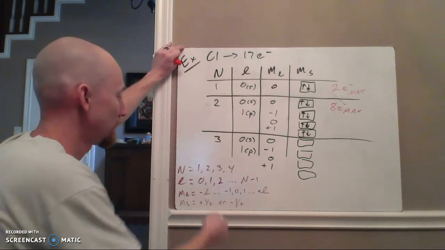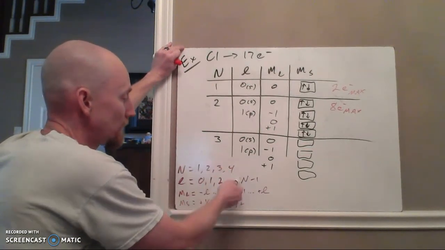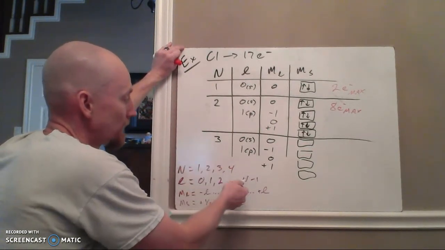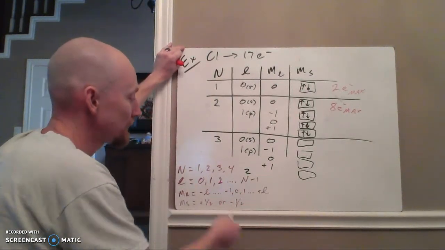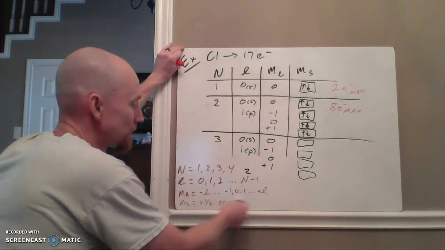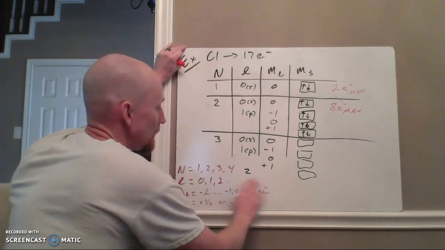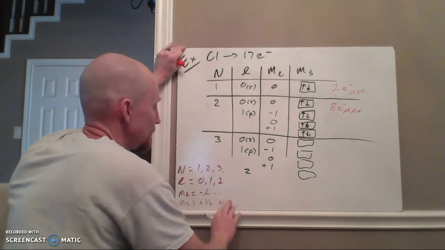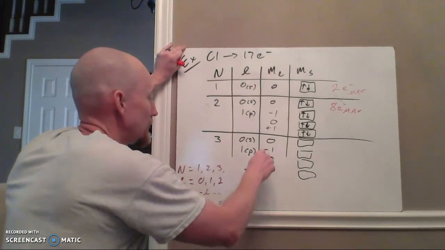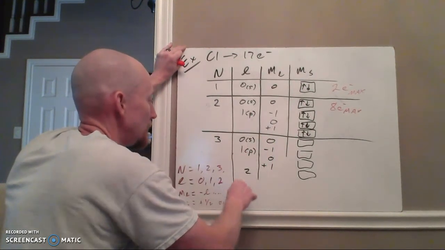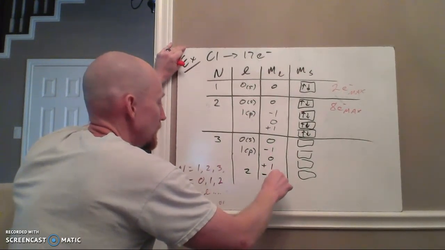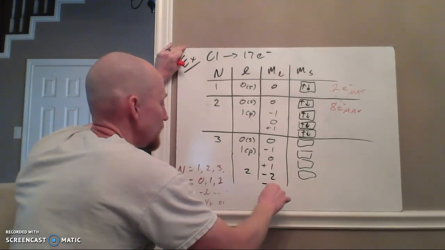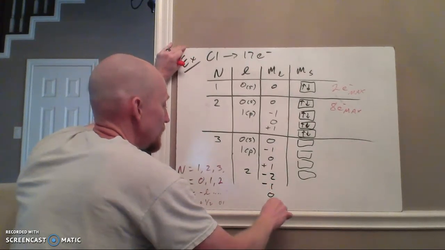And then it goes all the way up to n minus 1, right? So 3 minus 1 is 2, so now we're going to have a 2 here. And this gets a little crazy because now it's going to go from negative 2 all the way up to positive 2. I got to erase some of this so I can cram all this in, right? So this is going to go from negative 2, negative 1, 0, 1, 2.